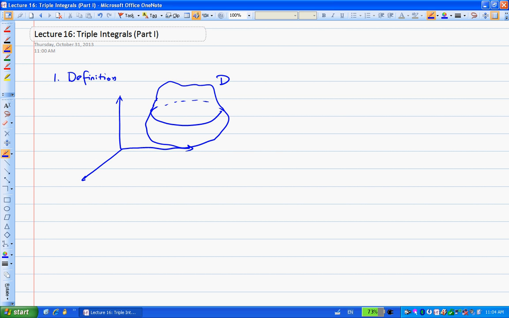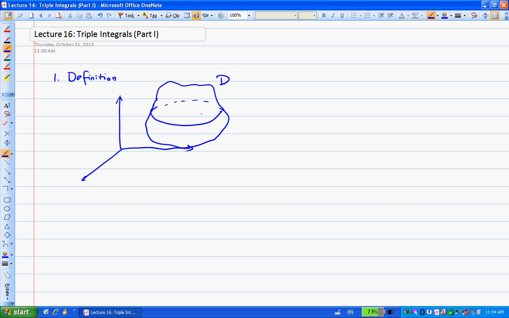So the difference between this region D and the region R of the double integral is that region R is a plane, which only contains points x and y. Now it contains points x, y, z.